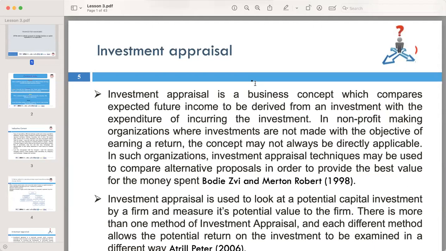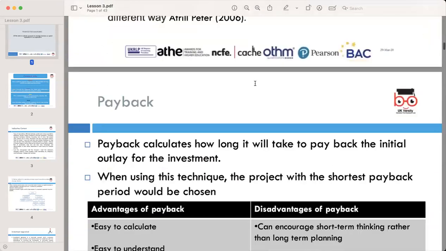There are several investment appraisal techniques available, including payback, accounting rate of return, net present value, internal rate of return, discounted cash flow or DCF, cost benefit analysis and value for money. So let's briefly discuss a few of these techniques and methods.